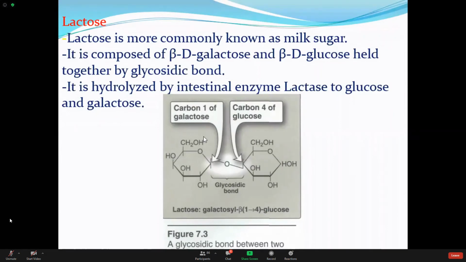Suppose this is a molecule of galactose and this is a molecule of glucose. When they are joined together, they make a molecule of lactose. Am I clear?